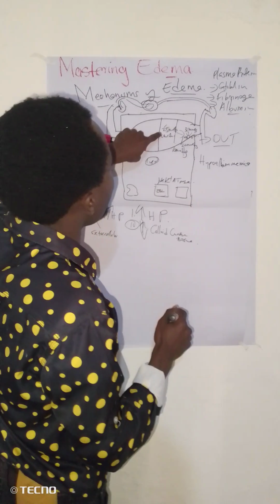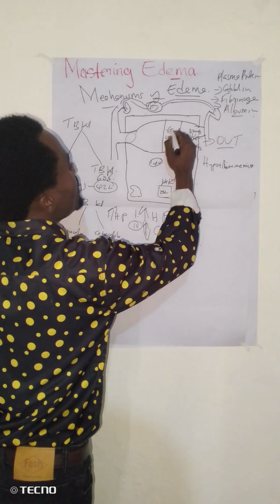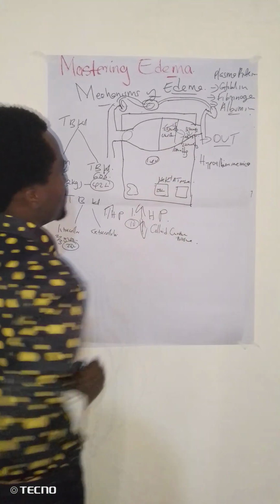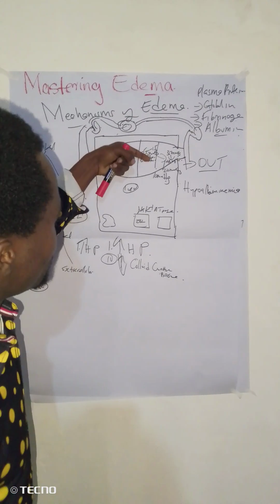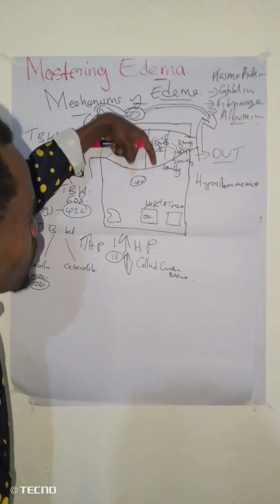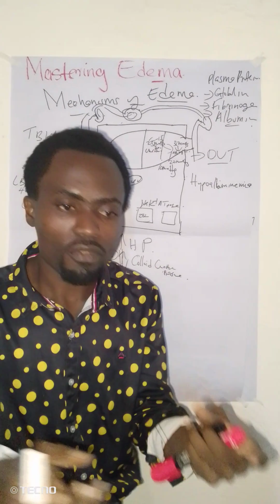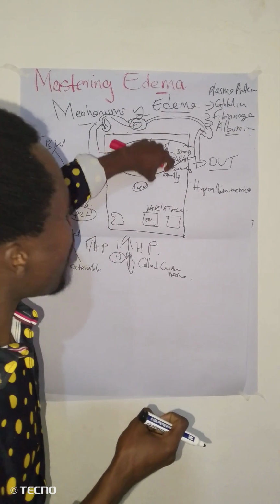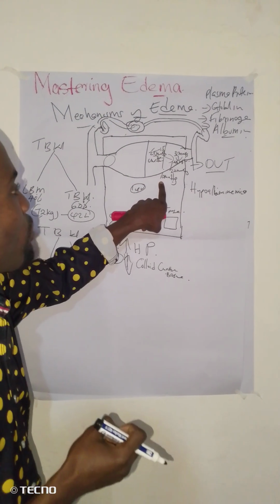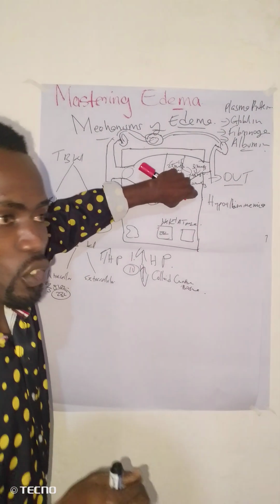So when the pressure at this point reduces, to say that maybe it is 15 now, or maybe it is 10, the oncotic pressure has decreased, meaning it will not have the capability of sucking back fluid that is going out into the interstitium. Therefore, a lot of fluid will be going into the interstitial space.